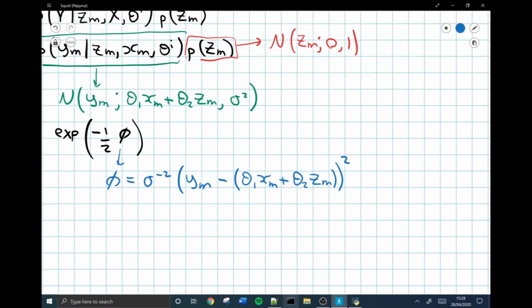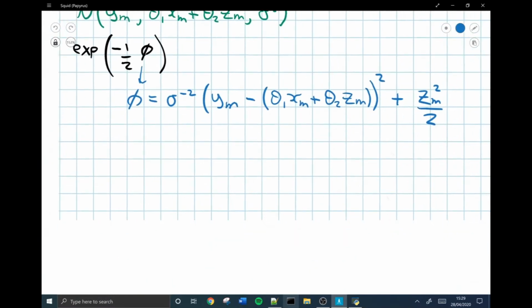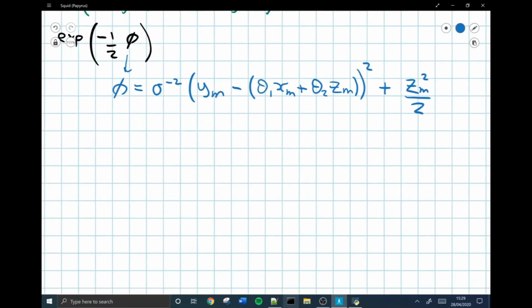And then from this, what we have is just Zm squared divided by 2, because it's zero mean and unit variance. And then we just do something called completing the square, where basically we collect together all the terms that are multiplied by Zm squared, all the terms that are multiplied by minus 2 Zm, and then we call everything else just a constant.